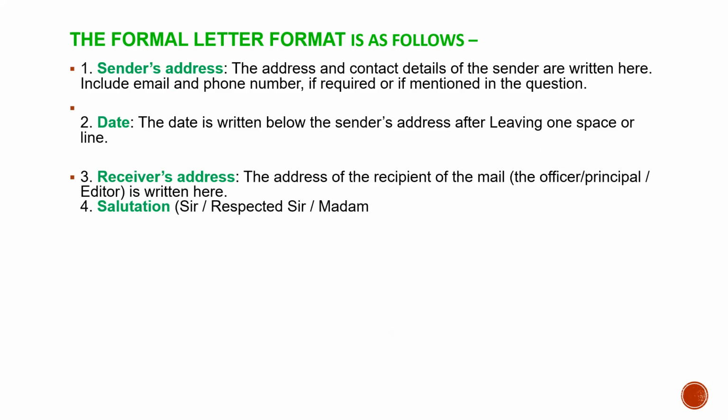I'm telling you, it is optional. Write the receiver address in a formal letter, not an informal letter. If you write it in an informal letter, that would not be wrong.